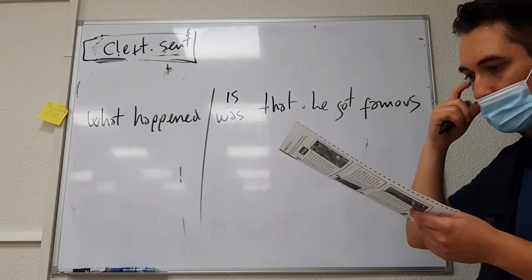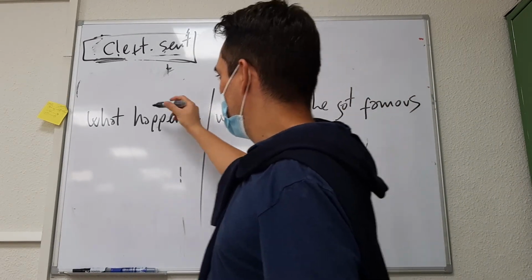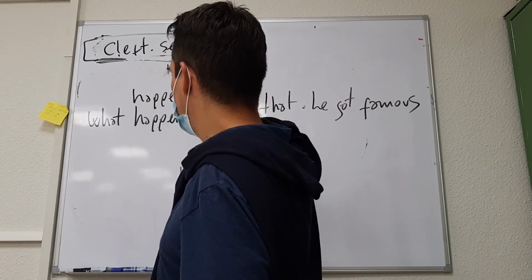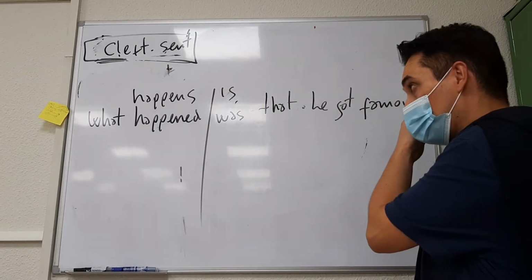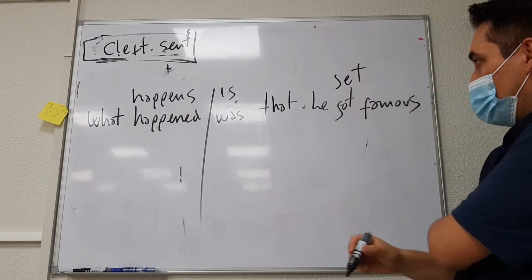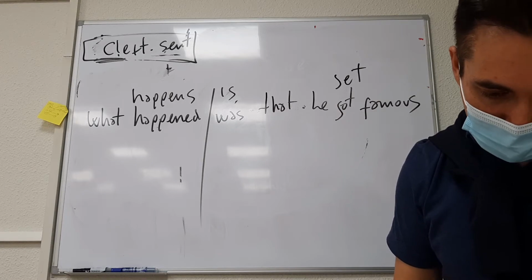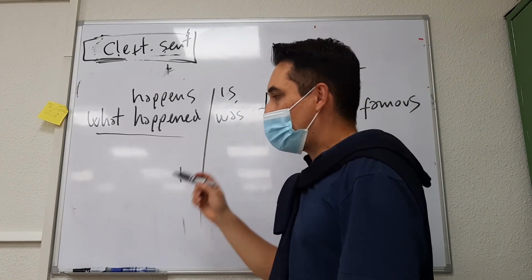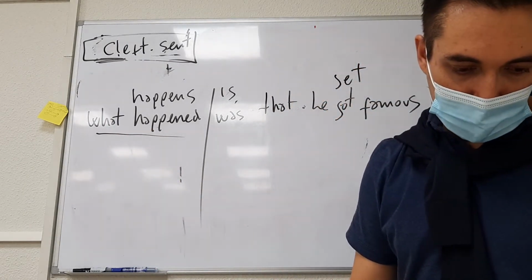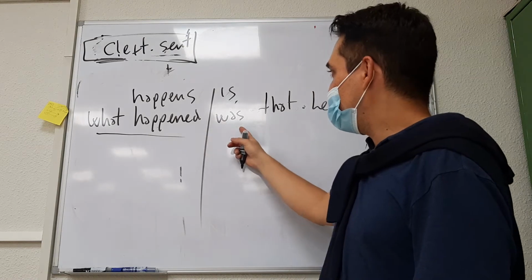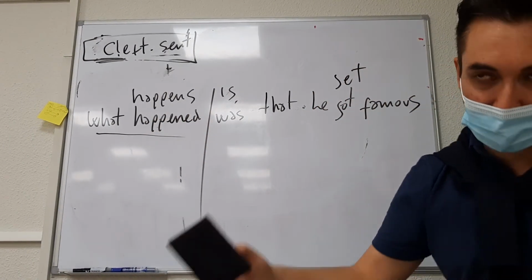I would say what happened was, or if you want to make it into the present, what happens is that he got famous. This is another type of cleft sentence. Why did we use what happened at the end? For emphasis. We want to emphasize these words. So, what happened is, what happened was, what happens is. This is another type of cleft sentence.